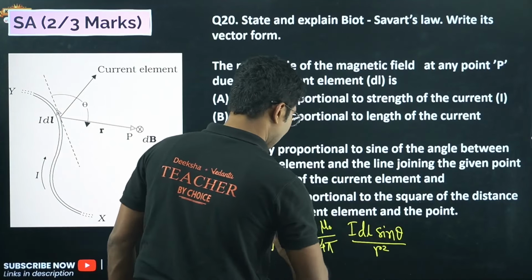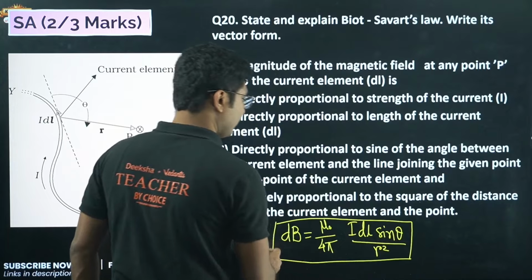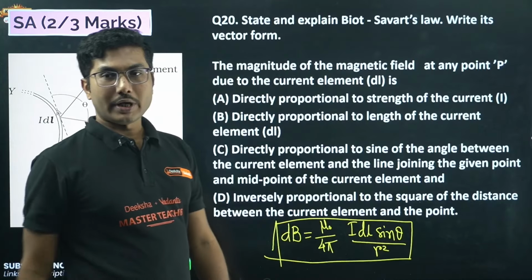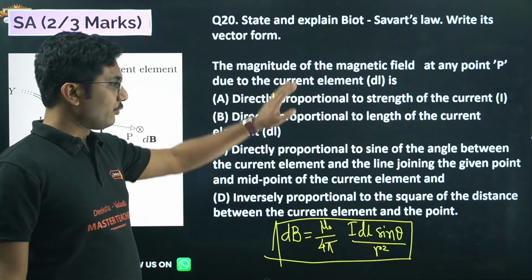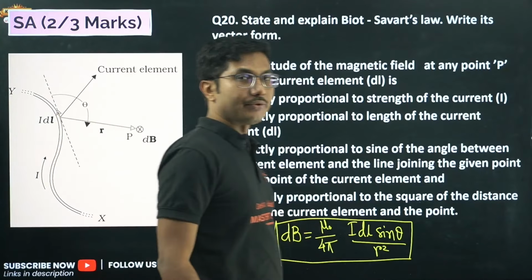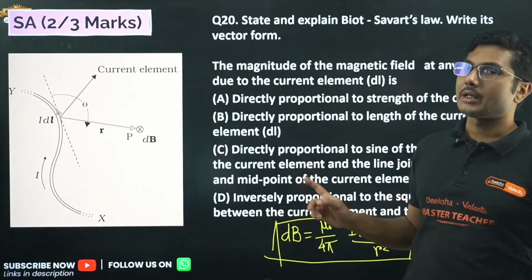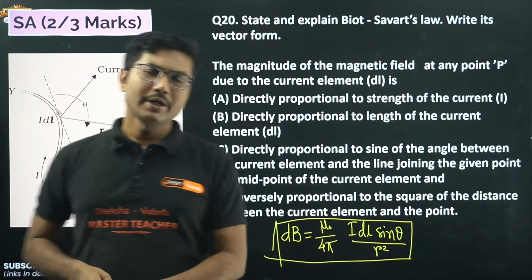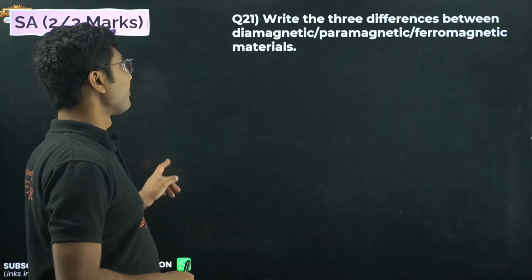This is the mathematical formula of Biot-Savart's law. You can remember it. If you write the Biot-Savart's law as a statement with the diagram, you should also write the equation for it. Generally it's a 3-mark question. It is not a 2-mark question, it is a 3-mark question.